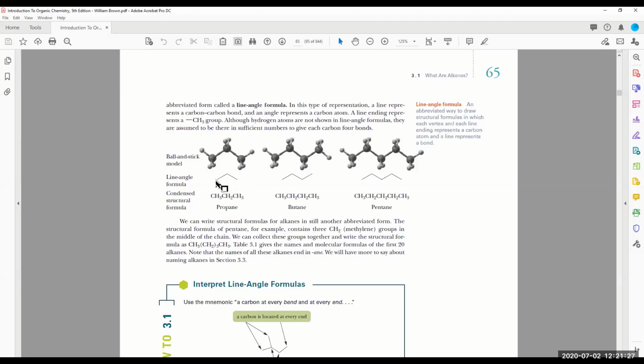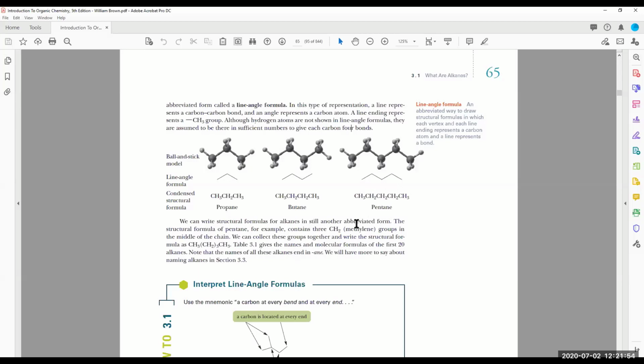So for propane, for example, you have first carbon, second carbon, third carbon. For butane, 4 carbons: the first carbon at the end, second, third, fourth, the fourth carbon or the terminal carbon at the end. And then the fifth straight chain alkane, pentane, we have 1 carbon, 2, 3, 4, 5 carbon.